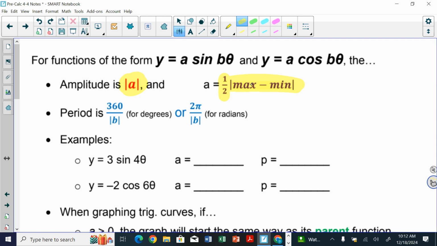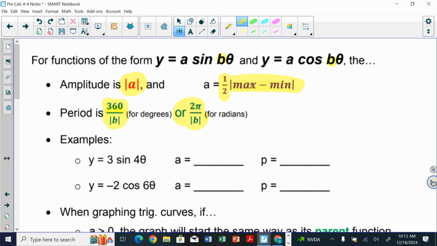All right, your period is 360 degrees, right? But it's divided by the absolute value of your b value, okay? Of this value right here and right here. So it may stretch it horizontally, or it might make it more condensed, okay? Or in terms of radians, it would be 2 pi over b for that.